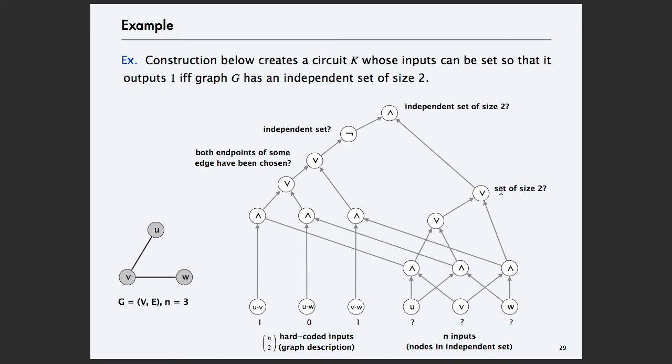If I choose U, V, and W, that would make all these 3 hats true, which would make this hat true. That's an OR. And that's not a set of size 2, that's set size 3.